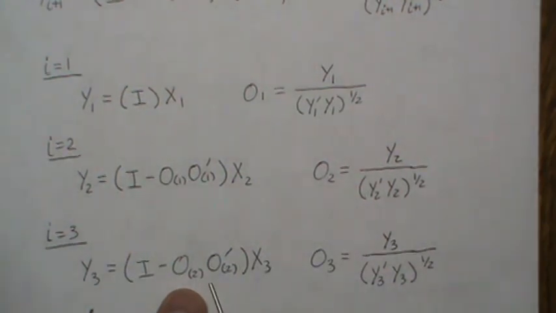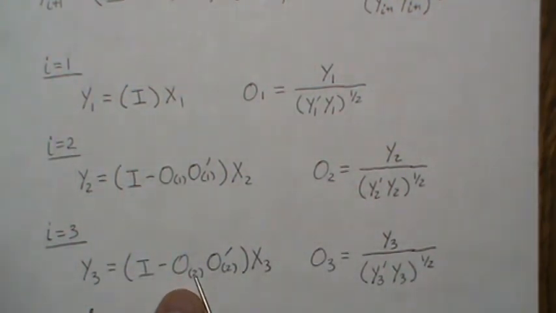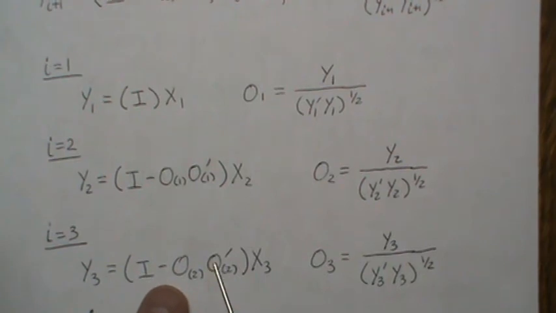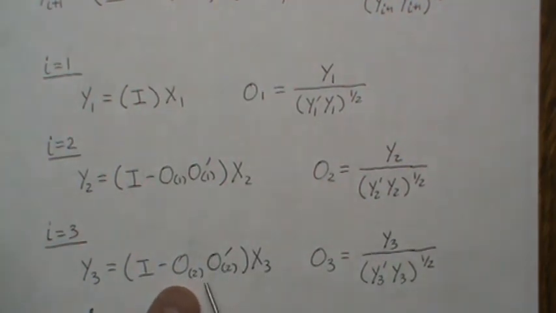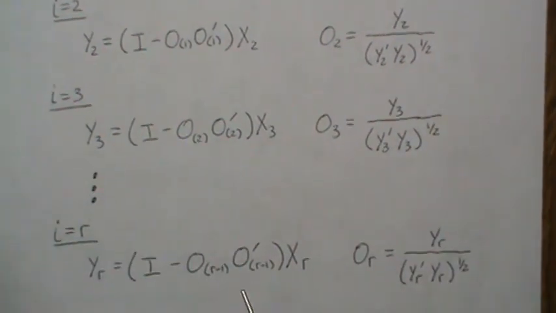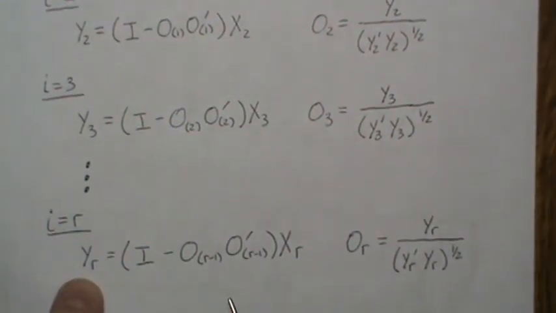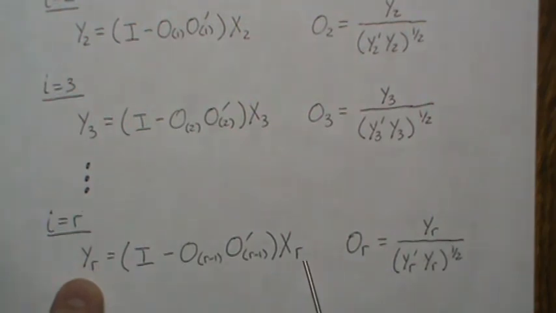And then x3 comes in, but it's orthogonal to the first 2 columns of X, but the first 2 columns were orthogonal, so now all 3 of them are orthogonal, and then we normalize it. Well, we just keep going until we get to the rth vector or rth column.